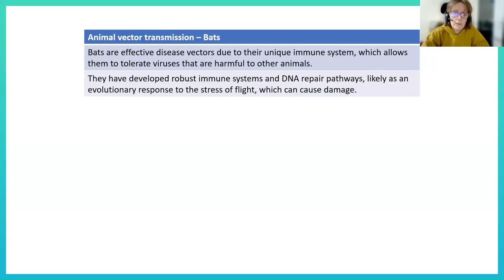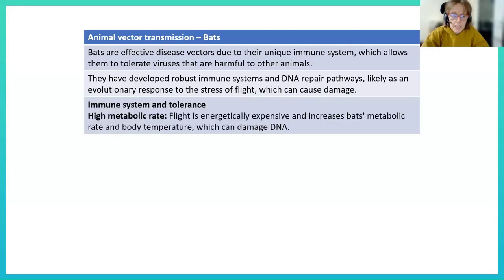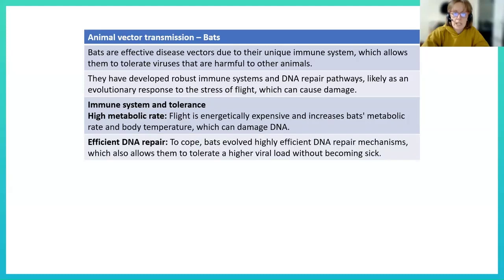They have a really robust immune system and DNA repair pathways. It's probably an evolutionary response to the fact that they fly, which is a stressful state. So they have a high metabolic rate. Flying is extremely expensive in terms of metabolic demands, and it can damage DNA. So bats have a really efficient DNA repair to cope with this.